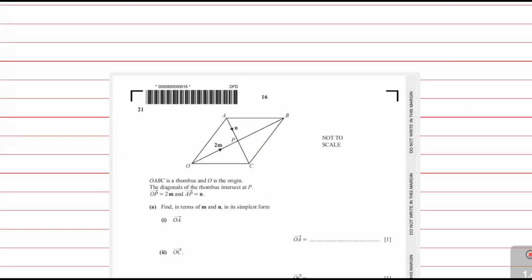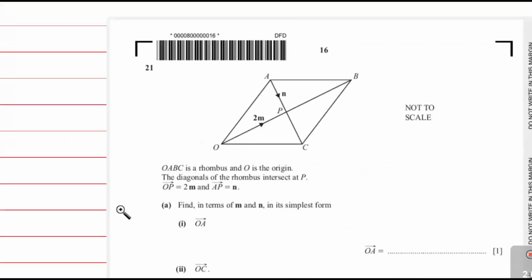Question 21, part A. OABC is a rhombus. O is the origin. The diagonals of the rhombus intersect at P. OP is 2m, OA is 2m, AP is n. Find in terms of m and n the OA.